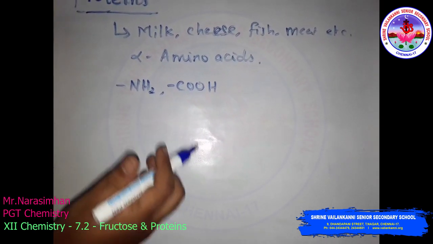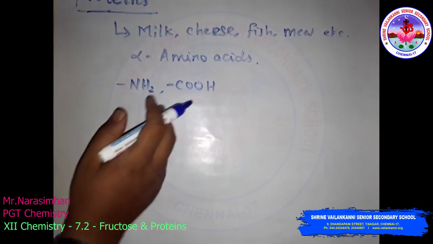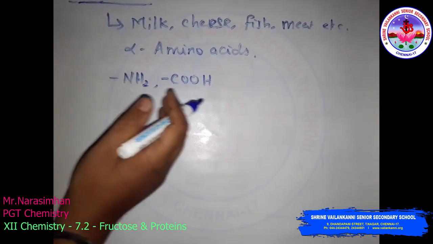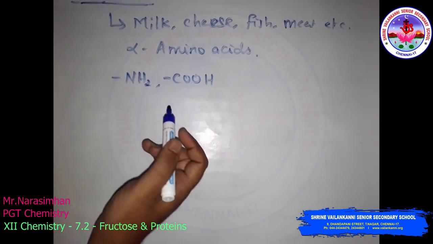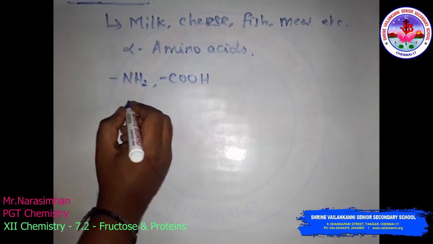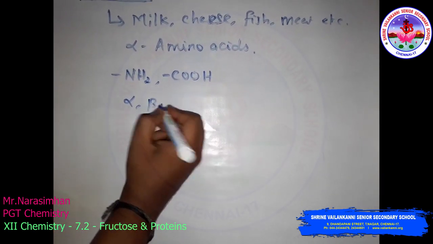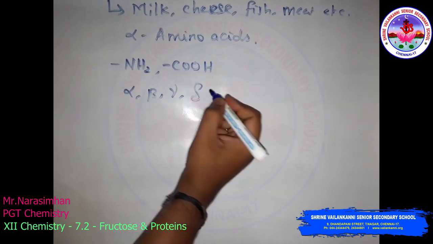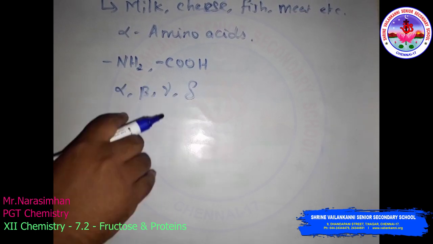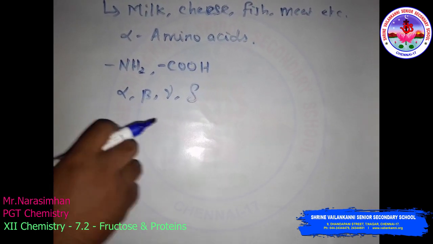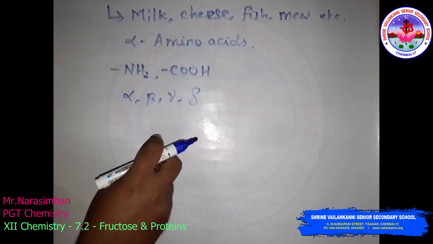Depending upon the relative position of the amino group with respect to the carboxyl group, amino acids can be classified as alpha, beta, gamma, delta, and so on. Alpha amino acids are obtained on hydrolysis of proteins.